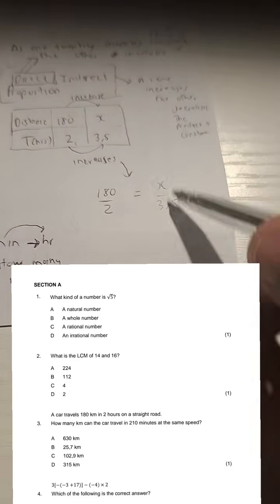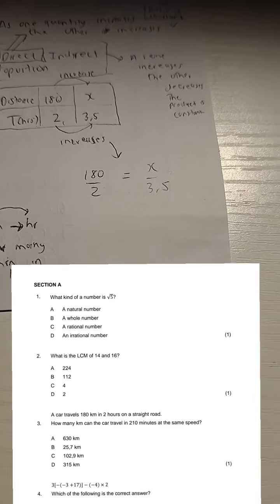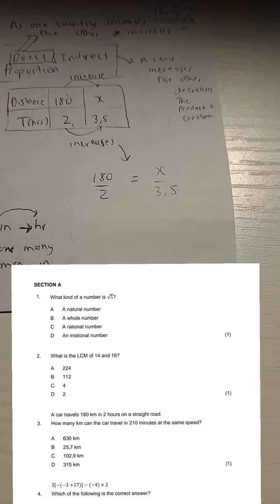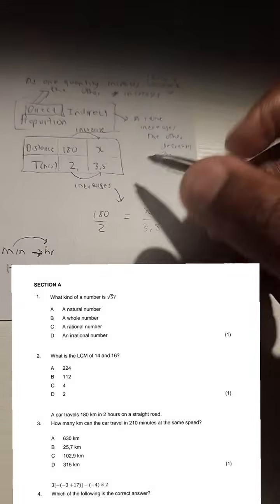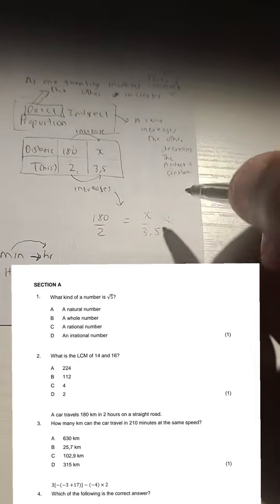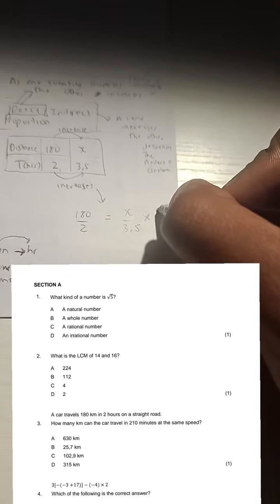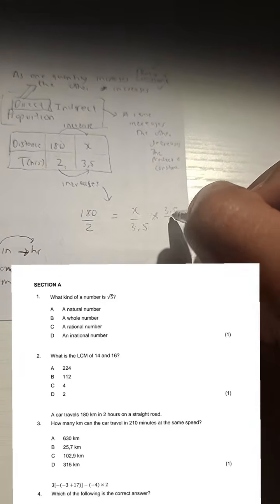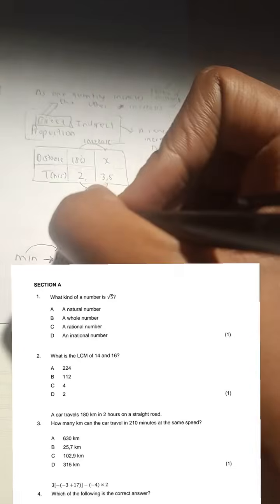Now we want to isolate x, and from our knowledge of solving equations from term 2 as grade 9 learners, we should know how to solve this equation. We simply multiply by what is in the denominator, on both sides. So the 3,5 we multiply in the numerator, 3,5 times 1 over 1. So we do the same on this side.